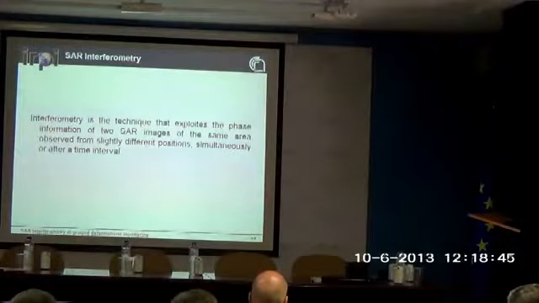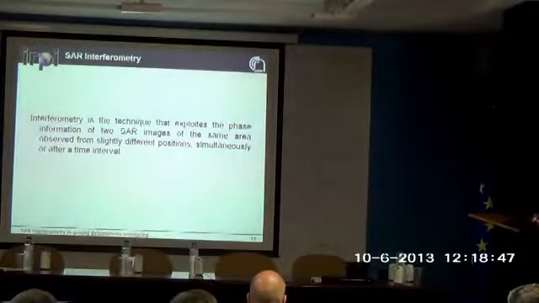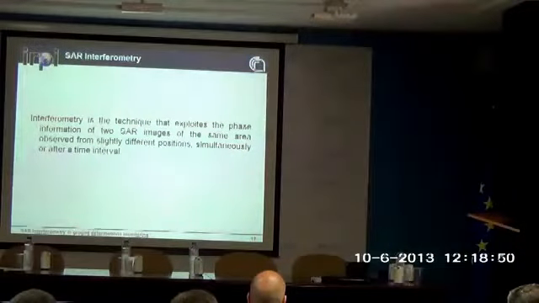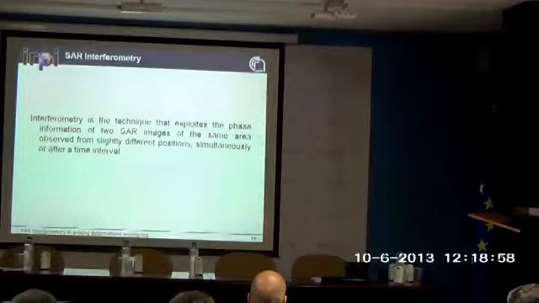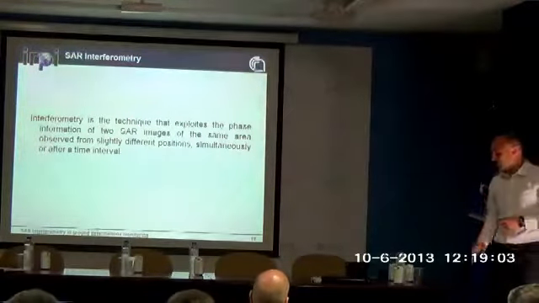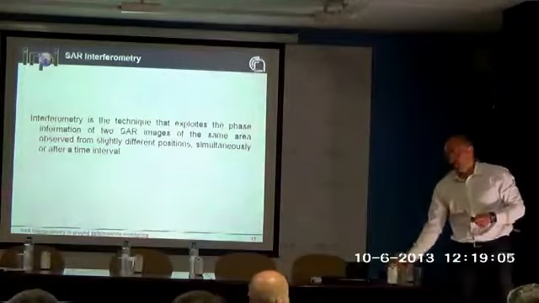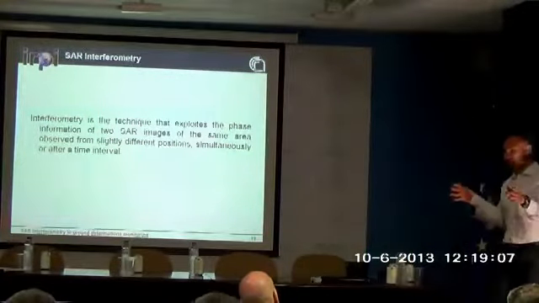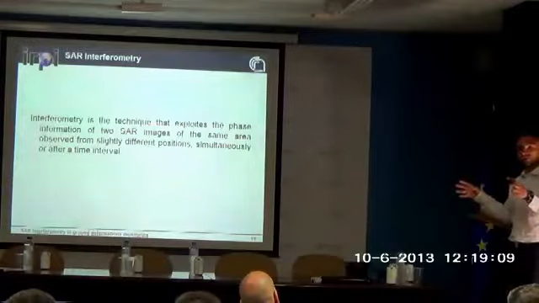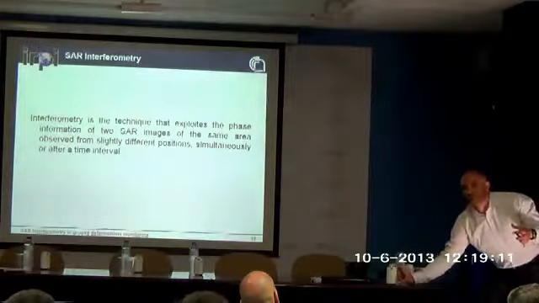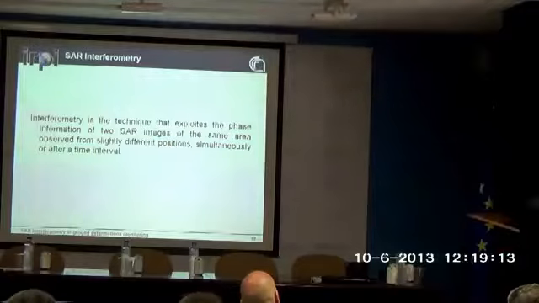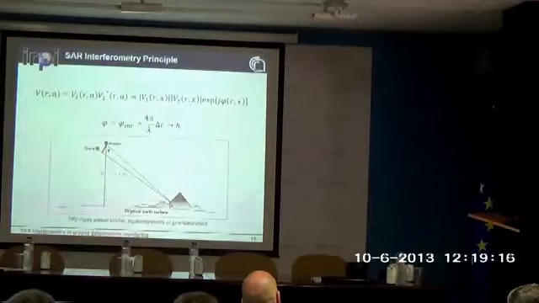So interferometry is a technique, as I told you, that exploits the information contained in every pixel concerning the phase. And if we are able to see the same object from slightly different positions, we are able to reconstruct the height of the object on the ground and to obtain several other pieces of information.